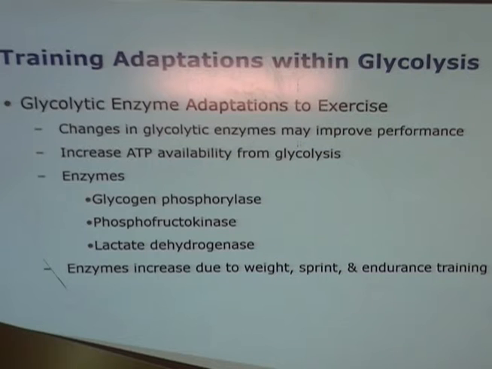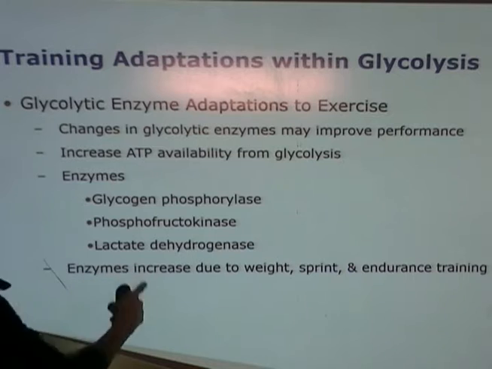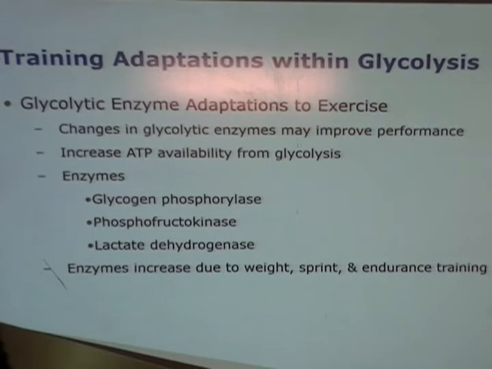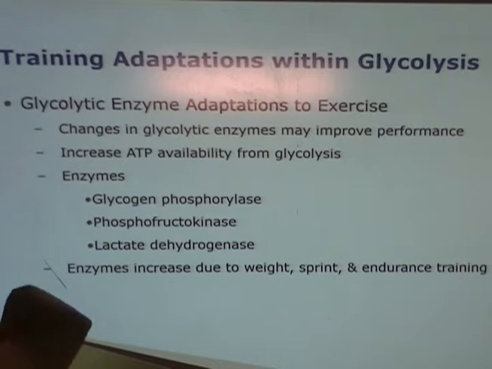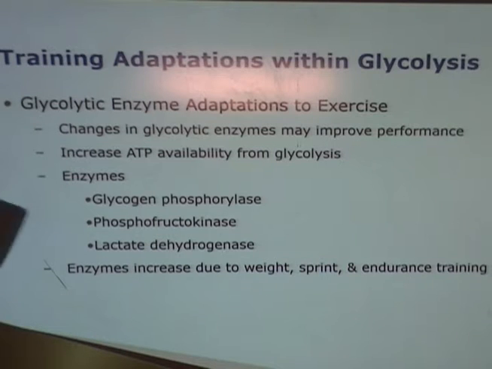Certain studies show that glycolytic enzyme levels increase. Some say it doesn't. When they're looking at endurance training, for example, the studies that are only 2 months or 3 months long don't see a lot of changes in these glycolytic enzymes. But if the study is 6 months long, then we see changes.